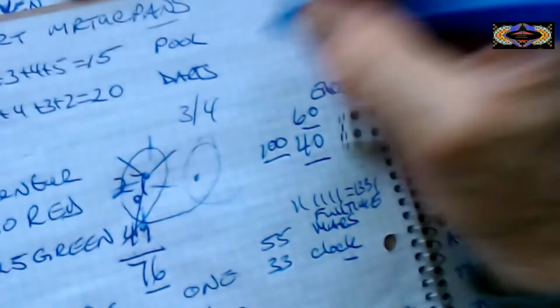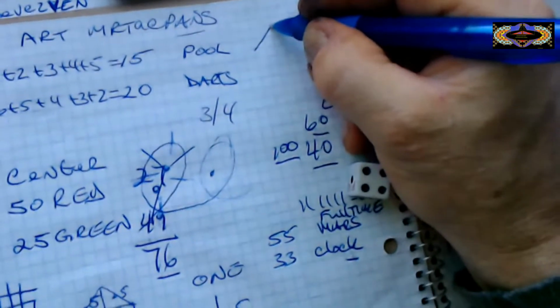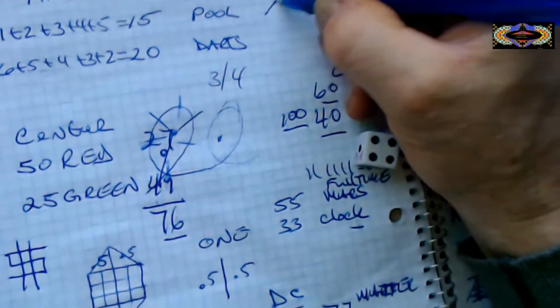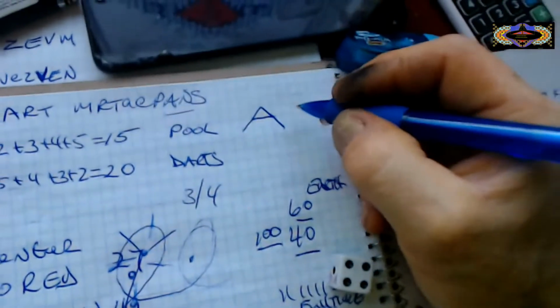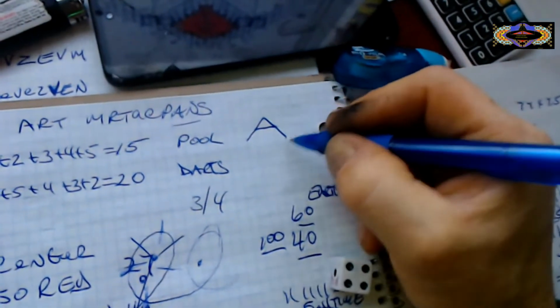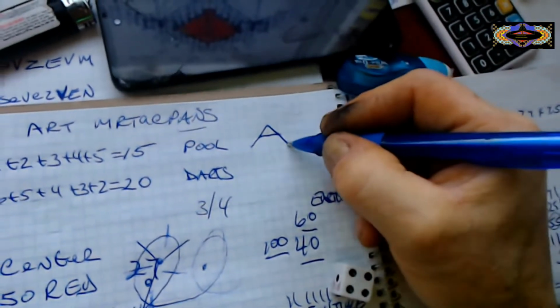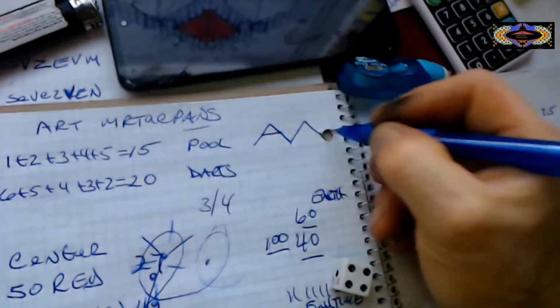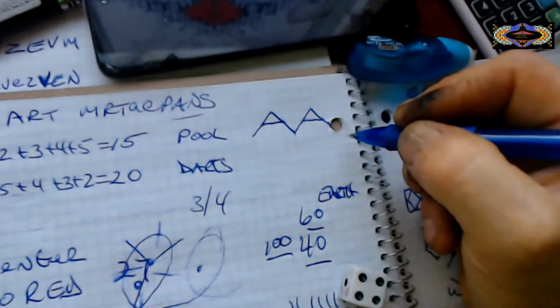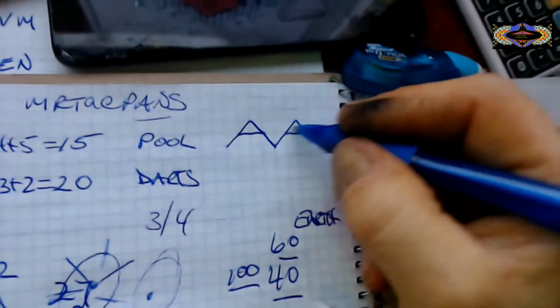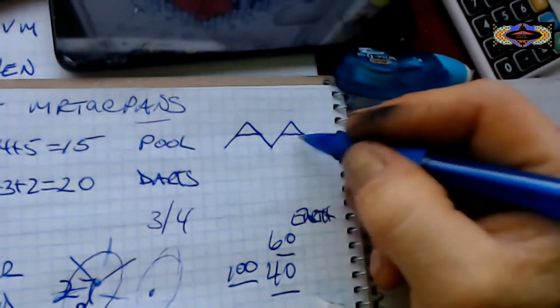So when A and C, 1 and 3, is connected by B, what does the artwork say? You see, I have a B with 2 A's.